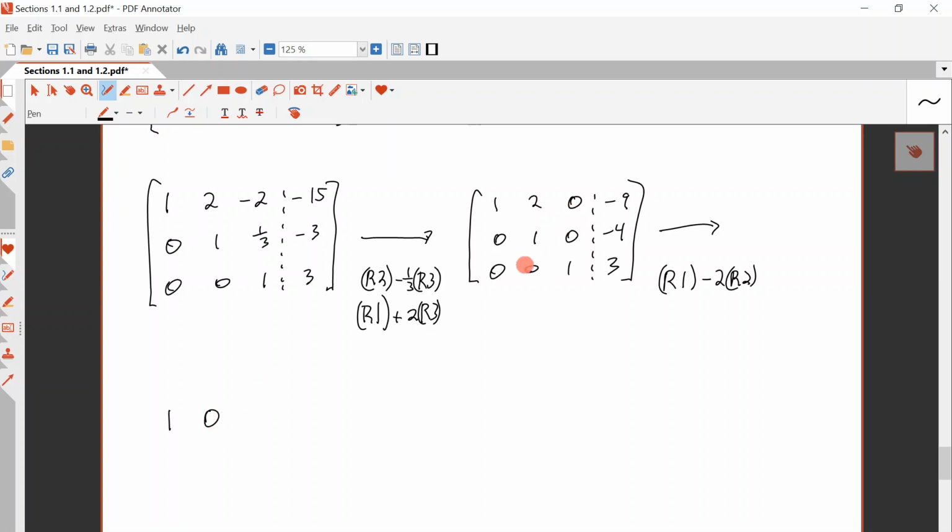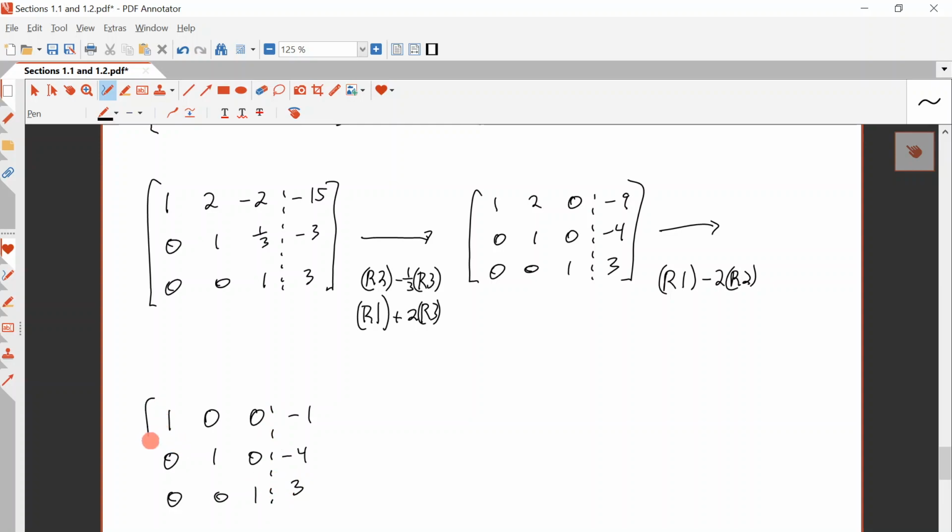And then 0 minus twice 0 is 0. And then the last one, that one's going to be the important one, minus 9 minus twice that. So minus 9 plus 8 is minus 1. 0, 1, 0, minus 4. Row 2 and row 3 stay the same.